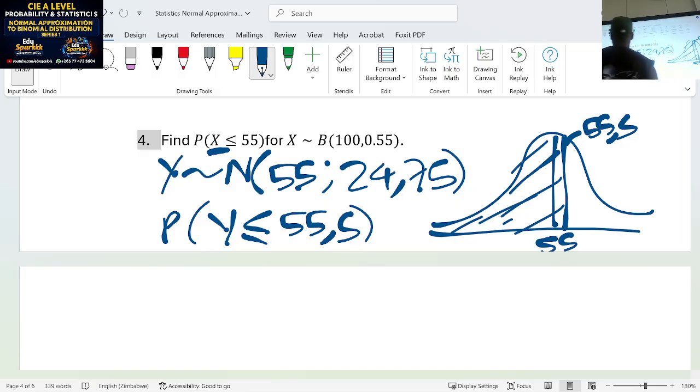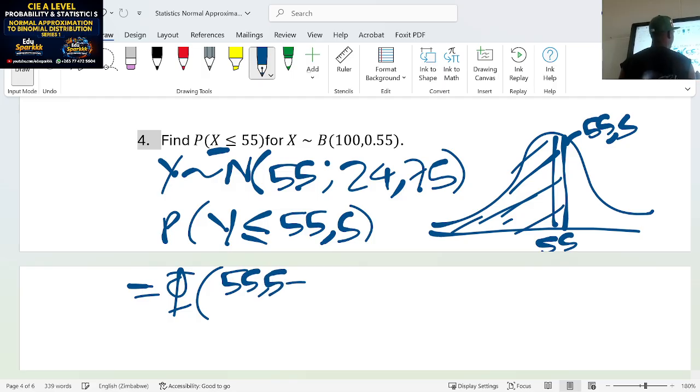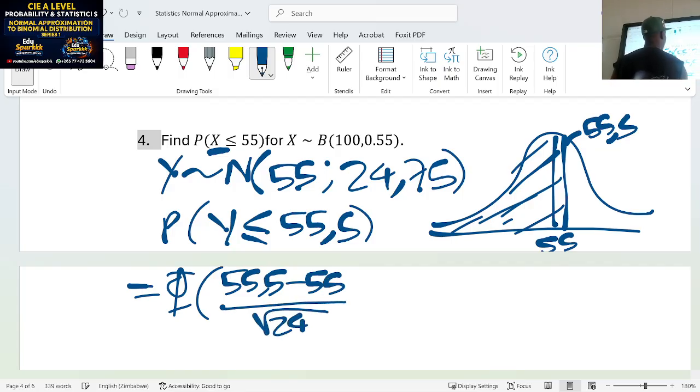Then we move to standardization, bringing in phi: from 55.5 we subtract 55, all over the root of 24.75.